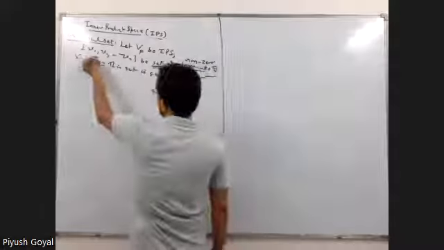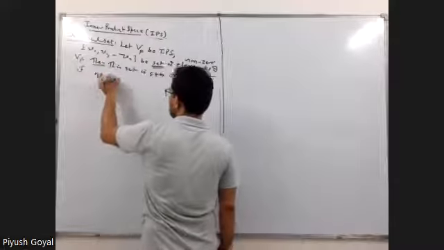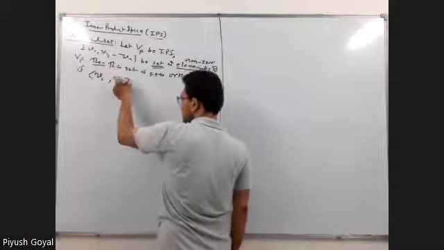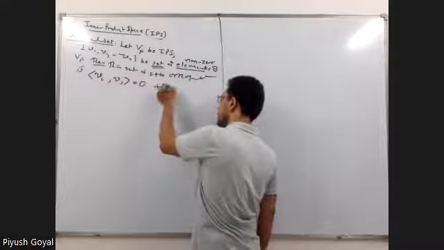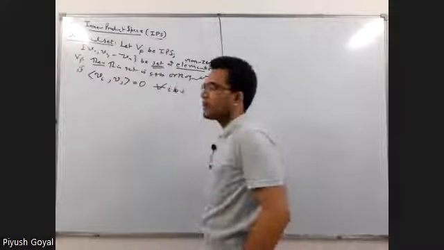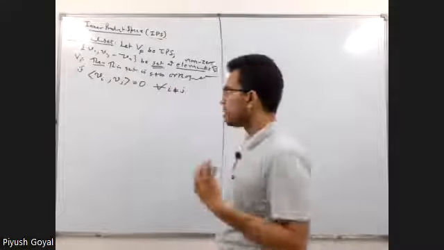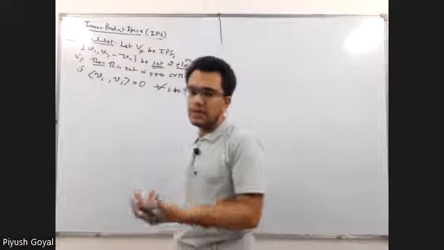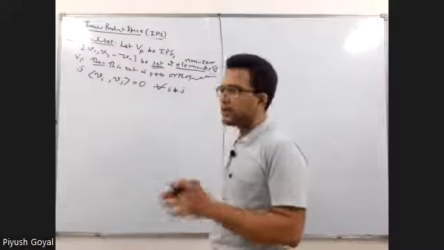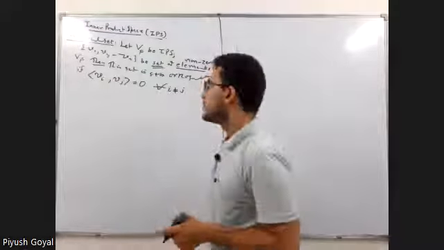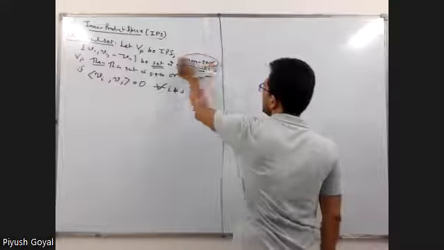That is, if vi comma vj is equal to 0 for all i not equal to j. See, if i is equal to j, then it becomes the norm, and the norm will be equal to 0 only when the element is 0 itself. But the elements that we are taking are non-zero.